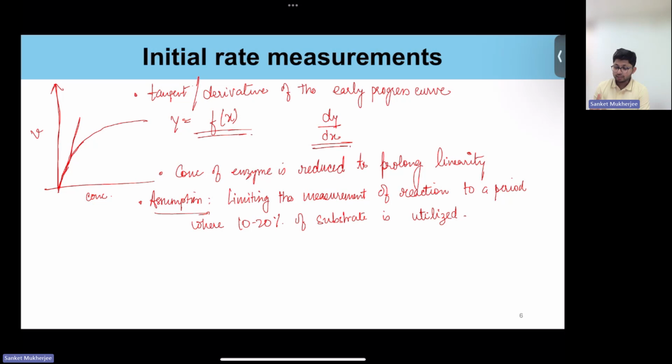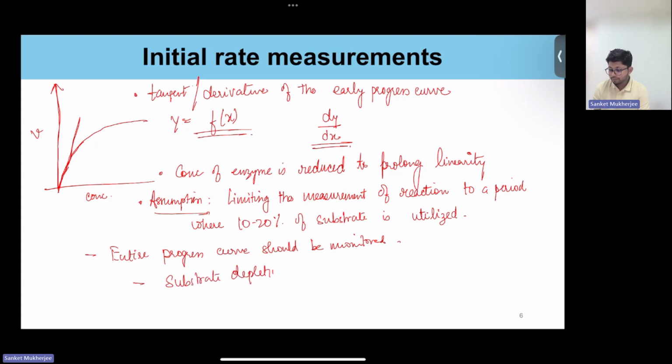But it is important that the entire progress curve should be monitored. Why? Because there could be substrate depletion.